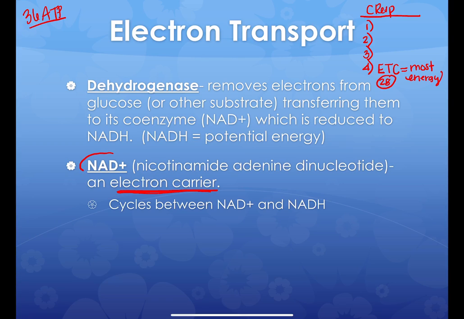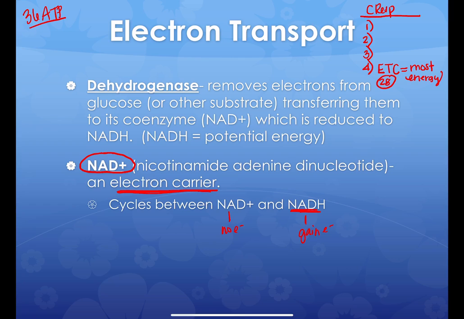So NAD, which stands for nicotinamide adenine dinucleotide, is an electron carrier. When it gains electrons, it becomes NADH, okay? So this is without electrons, and this is after it gained electrons, okay? NAD becomes NADH.